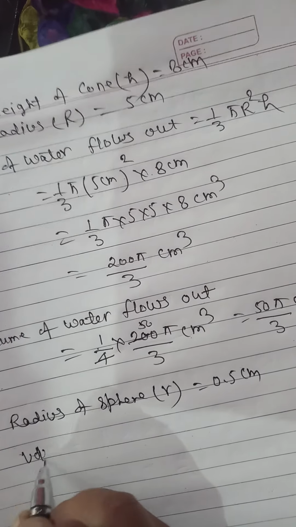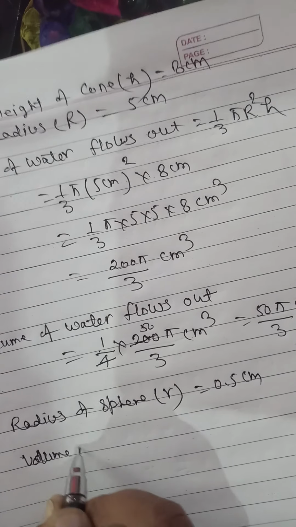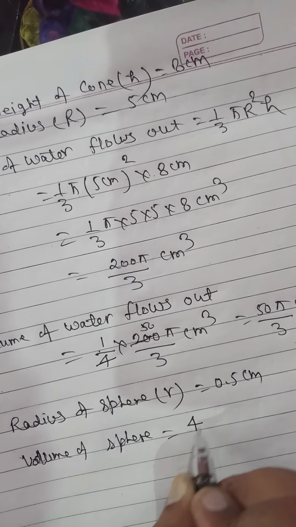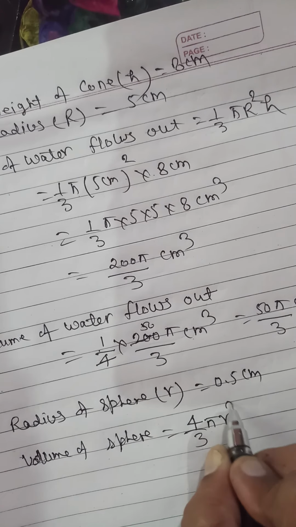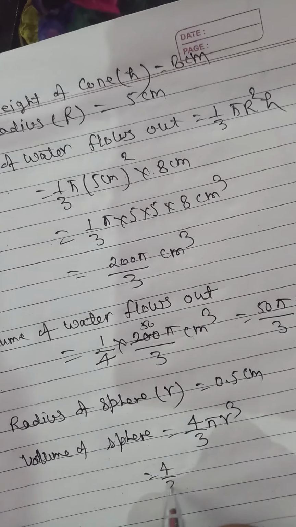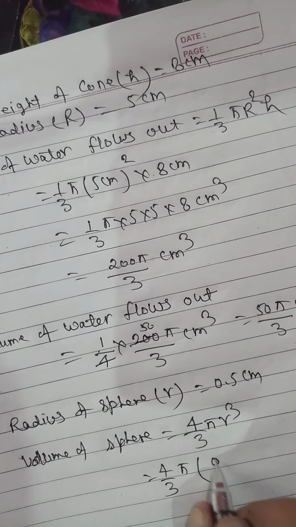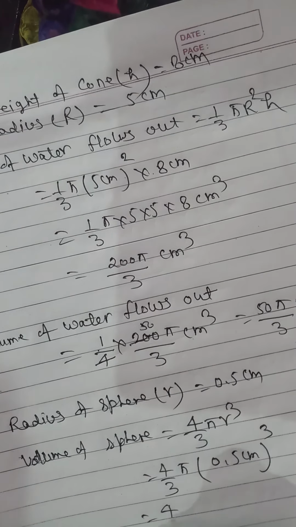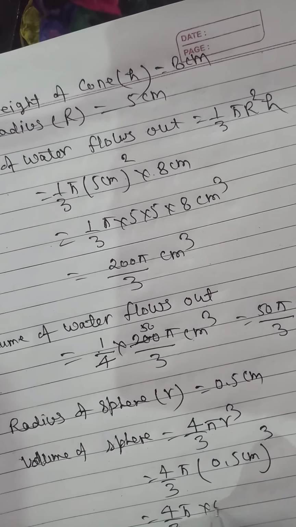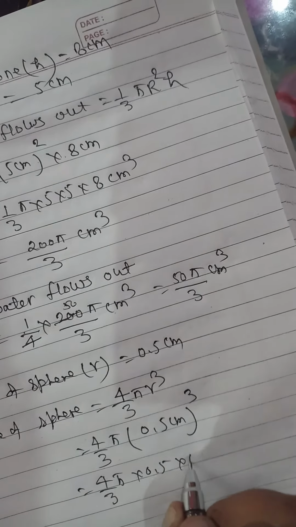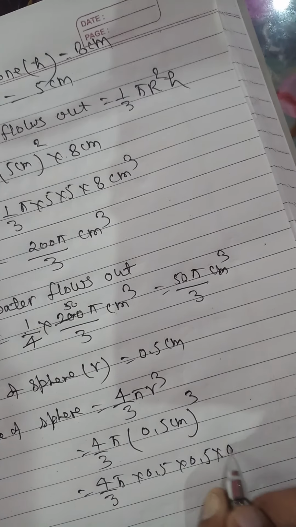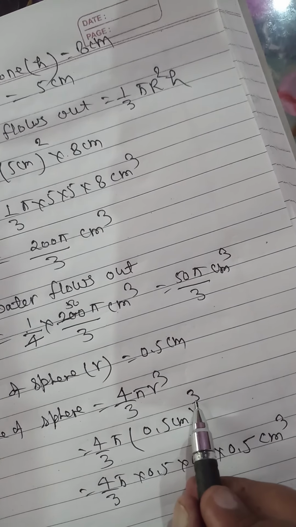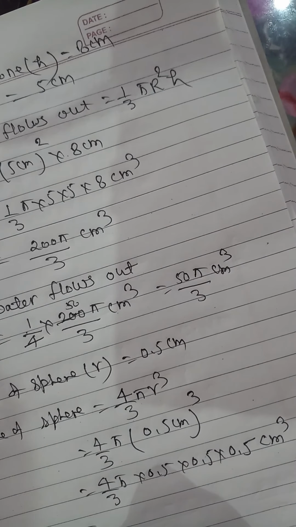Volume of sphere, the formula is 4/3 pi r cube. 4/3 pi, r is given 0.5 centimeter, cubed. 4/3 pi 0.5 multiply 0.5 multiply 0.5 cubic centimeter, because here the power is 3.